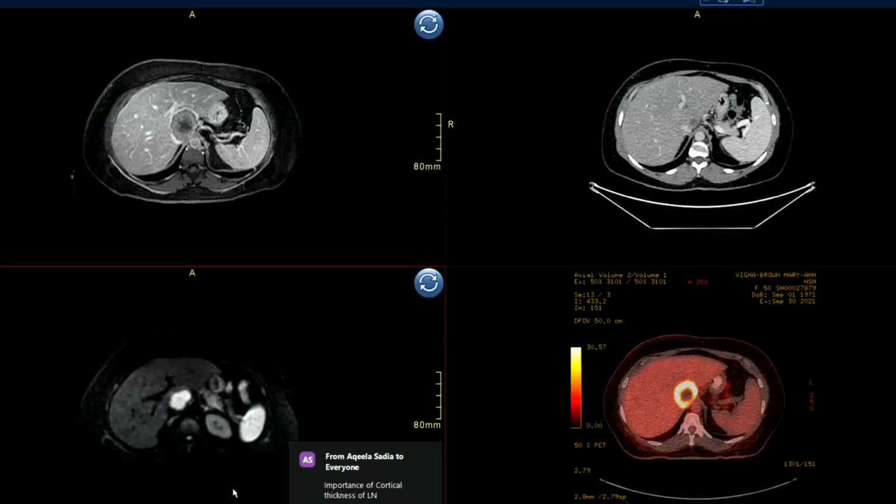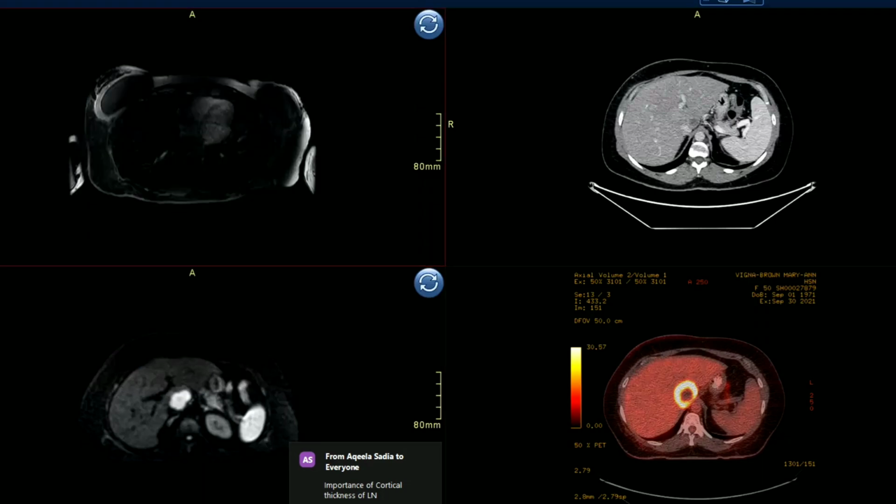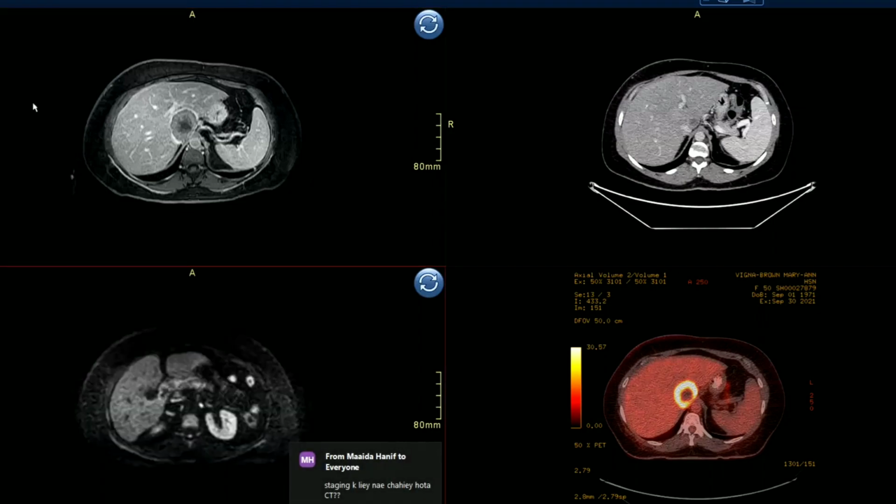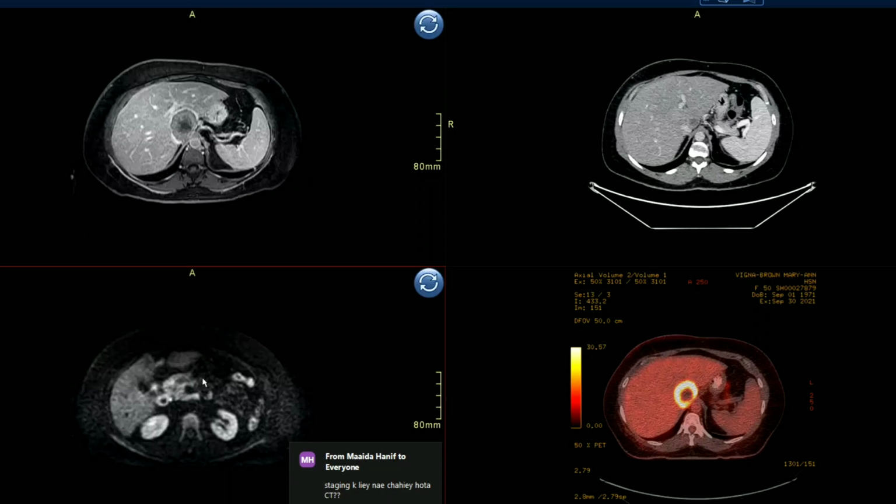Okay, next question is, madam, what is the importance of cortical thickness of a lymph node? The normal cutoff for cortical thickness is 3 millimeters. So anything at 3 or more than 3, you have to measure the cortical thickness, like I showed you in a case a little while ago. You don't measure the hilum, you measure the cortical thickness, and anything 3 and above, you have to flag it.